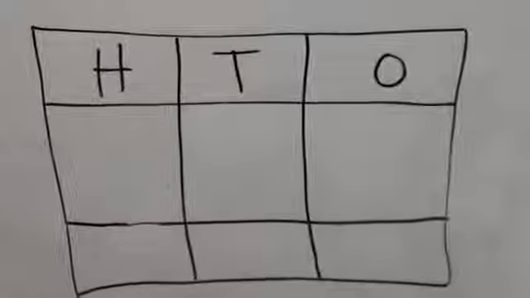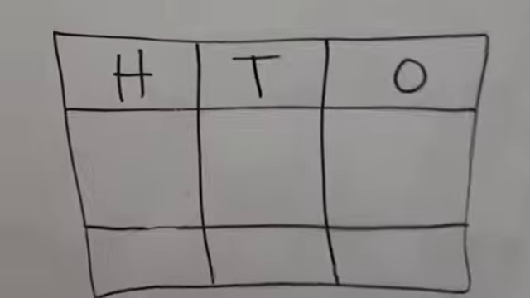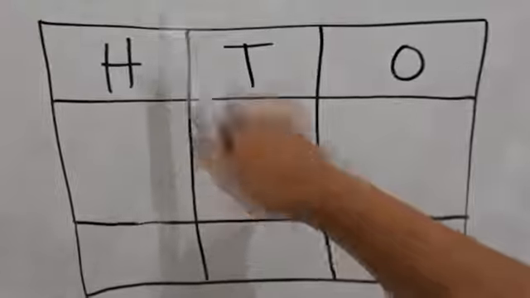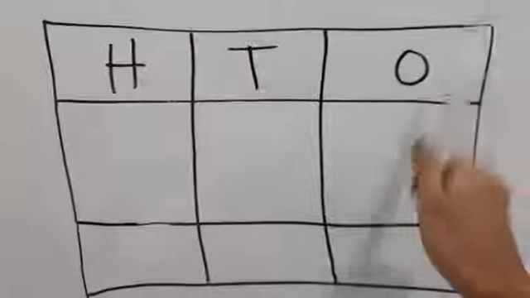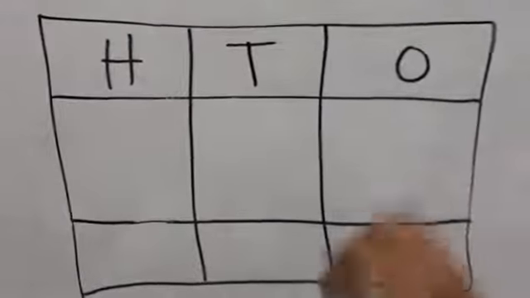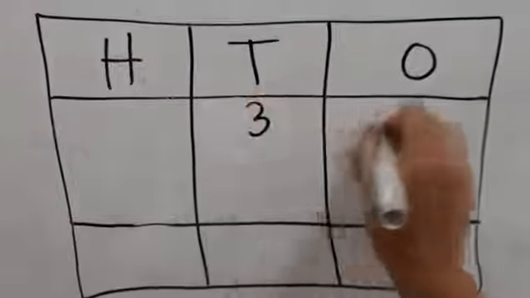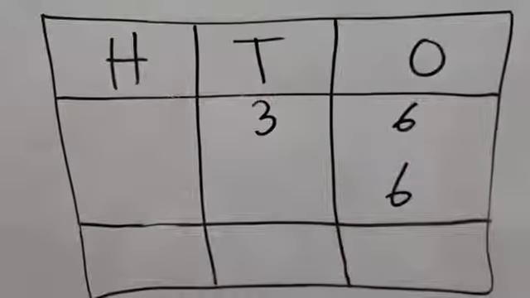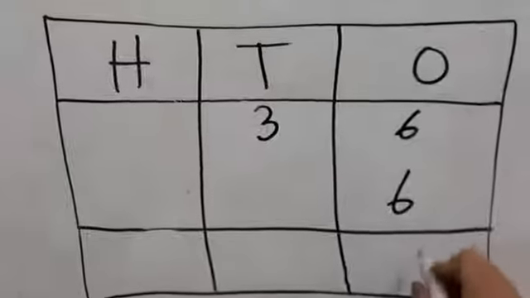Now, what if you have 3 columns like this one? This is for hundreds, this is for tens, this is for ones. For example, 36 times 6. 6 times 6 is 36.